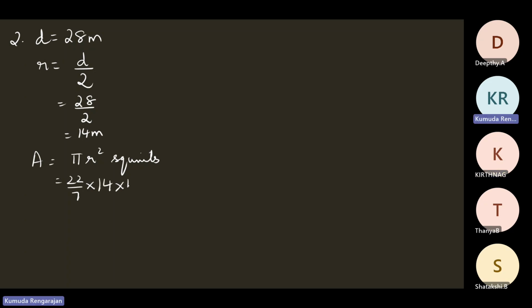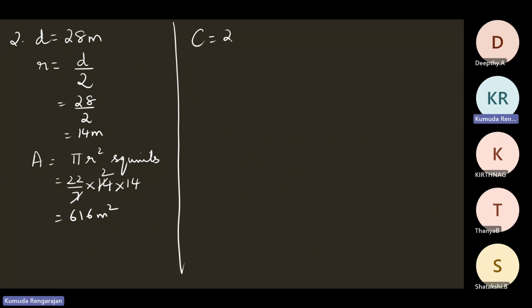So 14 into 14, correct? Yes, ma'am. Okay, so 7 ones are 7, 7 twos are 14. So 44 into 14, 616 meters squared.